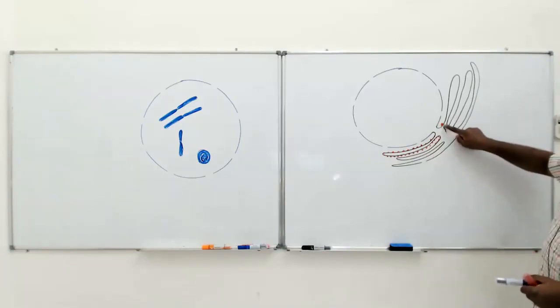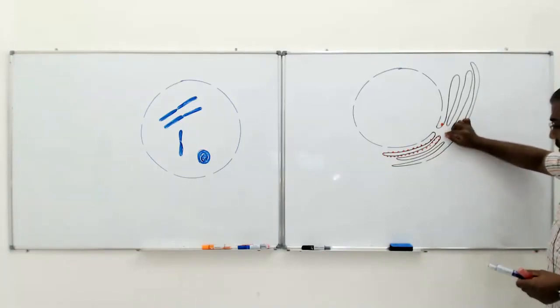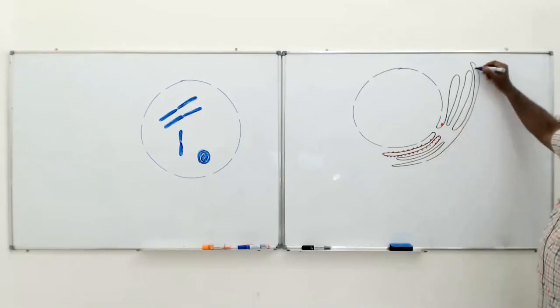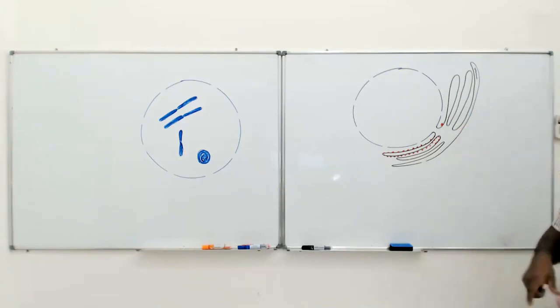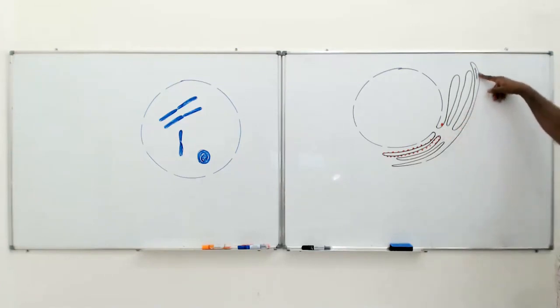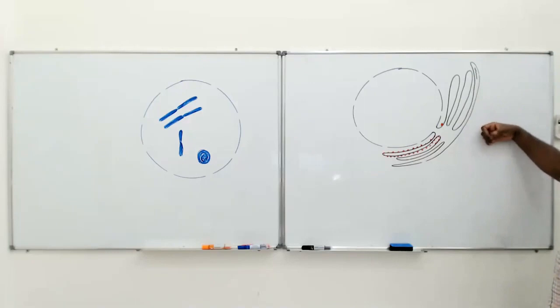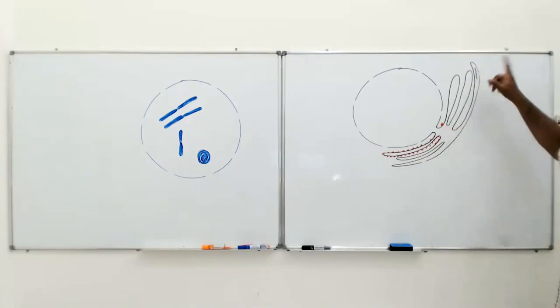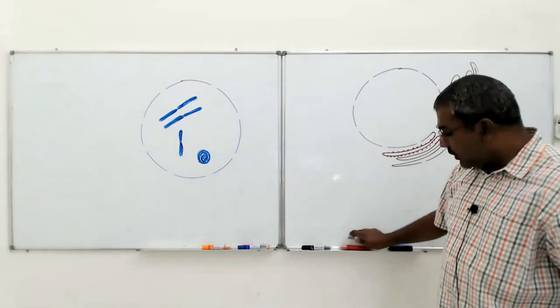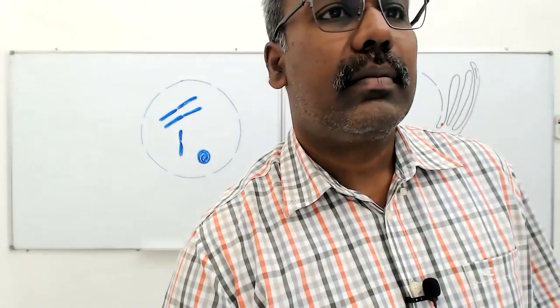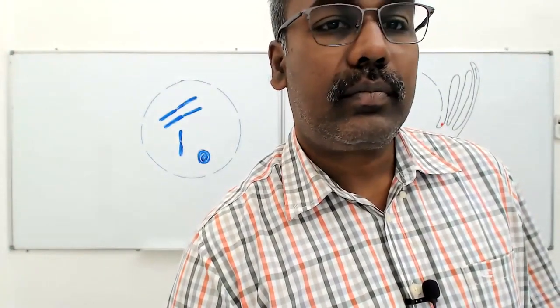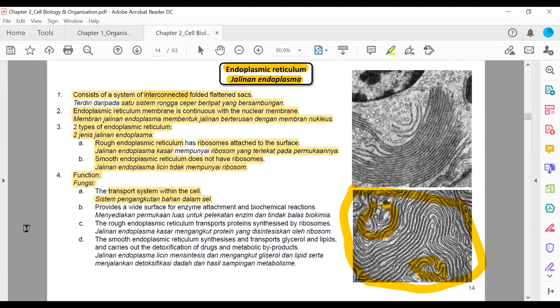So from here, maybe the RER carries the protein and goes here. For example, protein move from here to here. Itu maksud transport of substances in the cell. Contoh begitu. Okay. So the transport system within the cell, sistem pengangkutan bahan dalam sel.